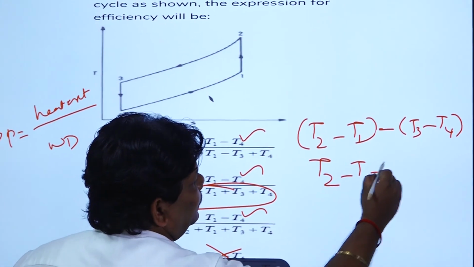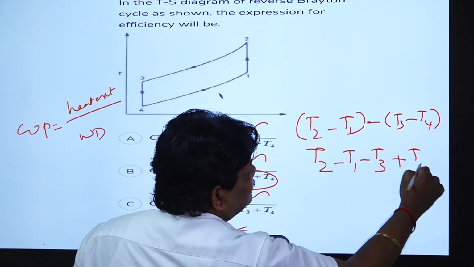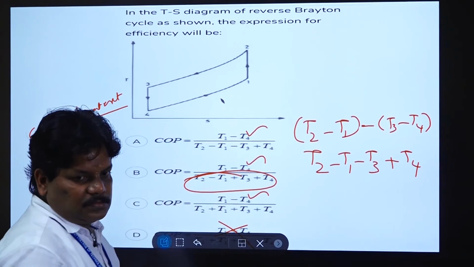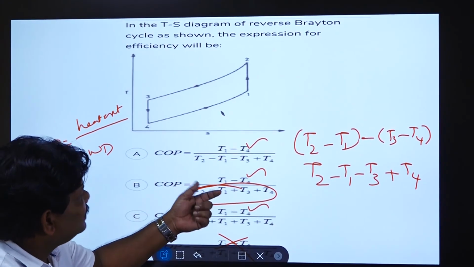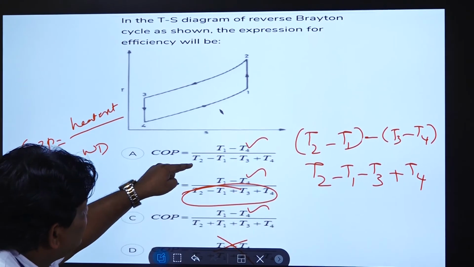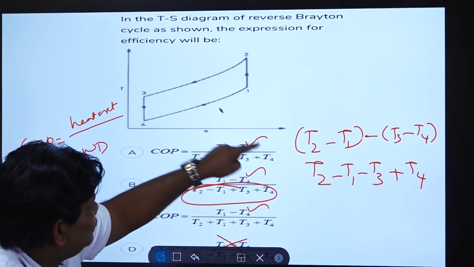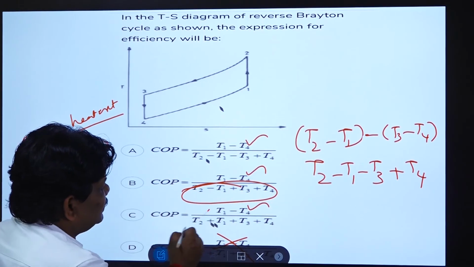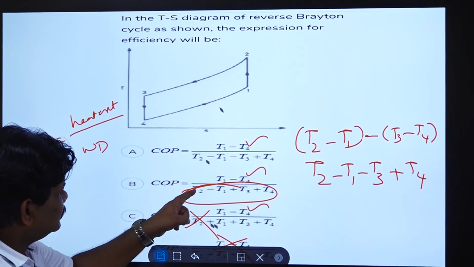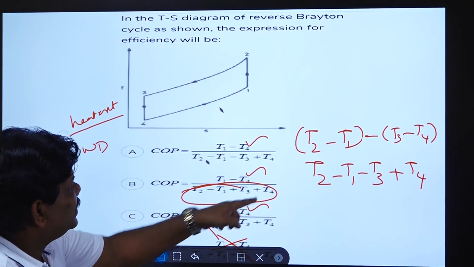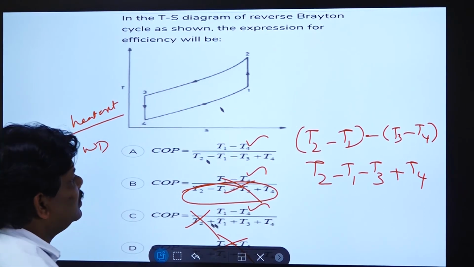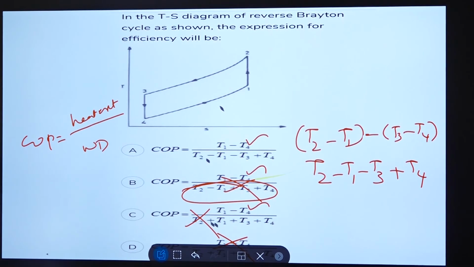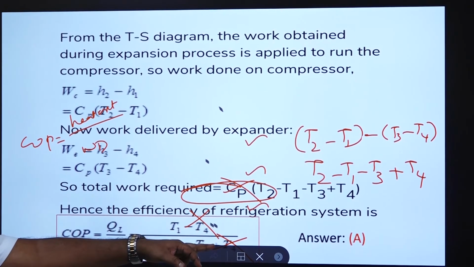T2 minus T1 minus T3 plus T4. Right. So now you have to look at the choices: T2 minus T1 minus T3 plus T4. Others are plus, so you will not get this one. So this is also wrong. Okay, so you look at this, minus T3 minus T4 should be there, this is also wrong. So the option is A. You can look at the options, so the option is A.